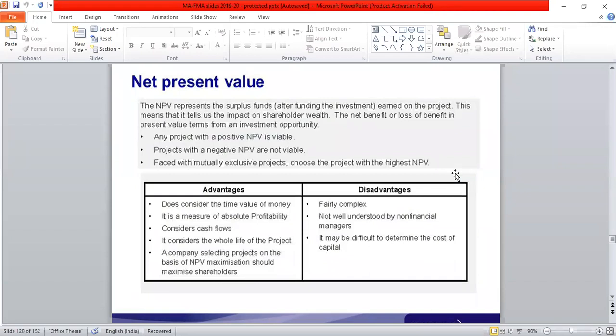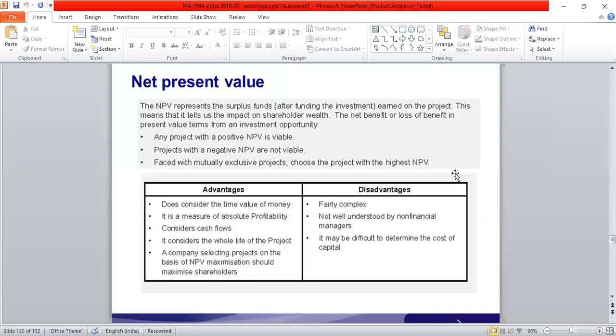What does it do? Whatever are the future cash flows, what value do these future cash flows have as on today? So if 10,000 is expected to be received after 1 year, as on today, what value would it have?